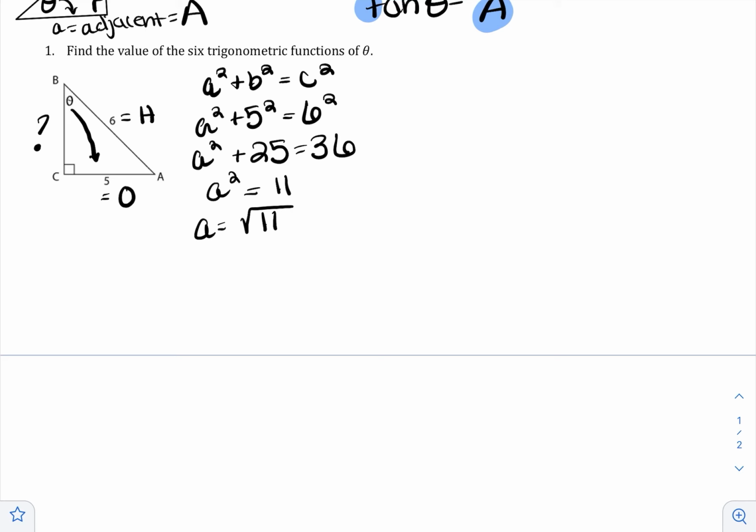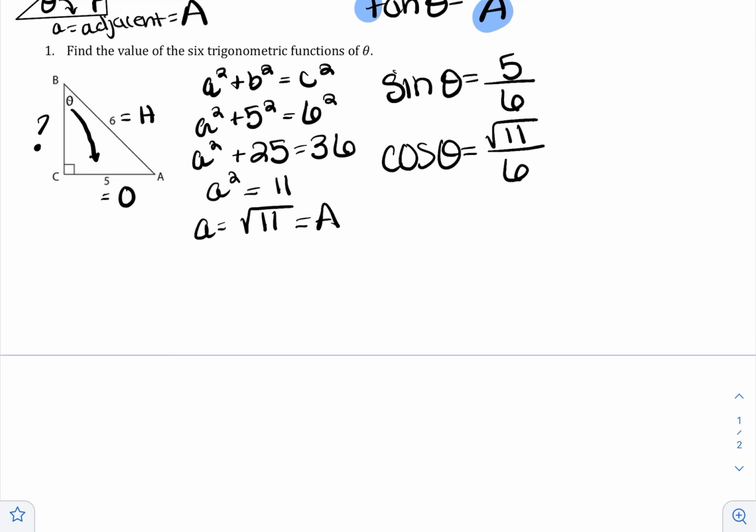And then you start to write your 6 trig functions. So the sine of theta is the opposite over the hypotenuse. So this is going to be 5 over 6. The cosine of theta is the adjacent, square root of 11, over the hypotenuse.